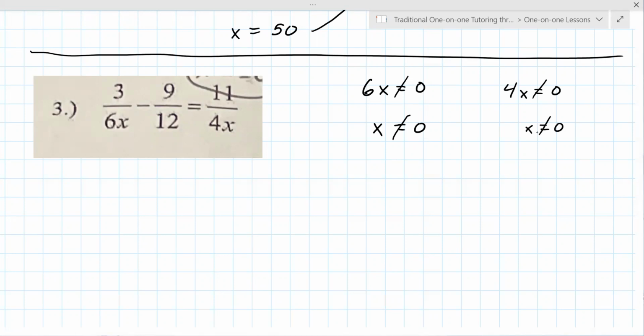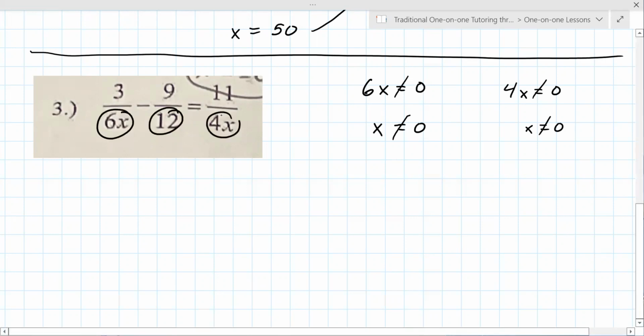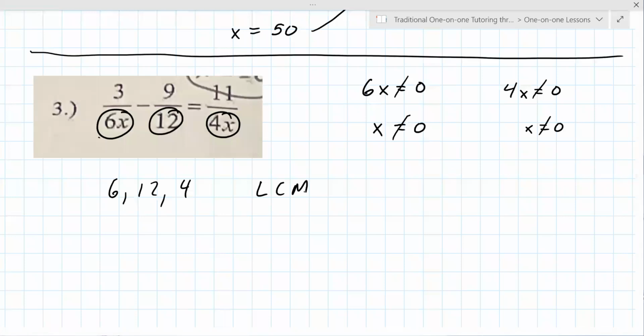All right. So now you look at 6x, 12, and 4x, and you figure out what is the least common multiple between the number and the variable. So you can look at them separately, like 6, 12, and 4. What is the least common multiple of those? The 4.